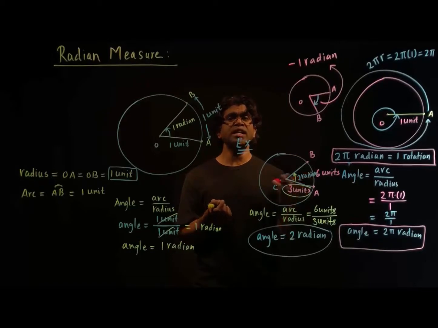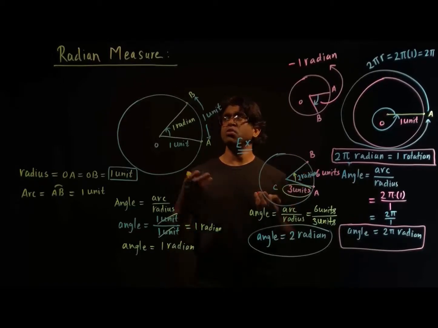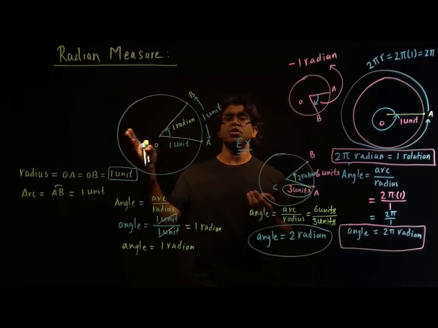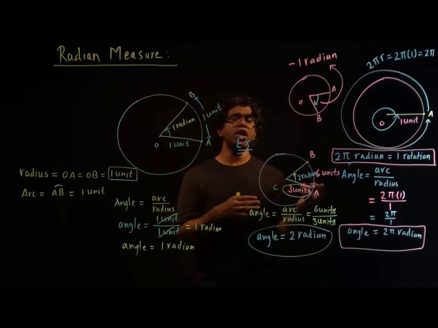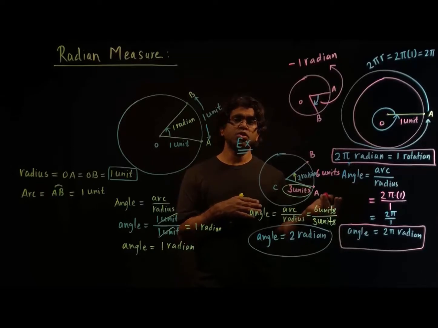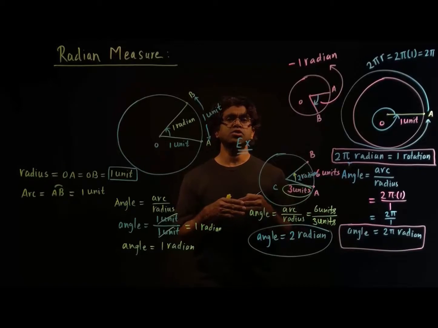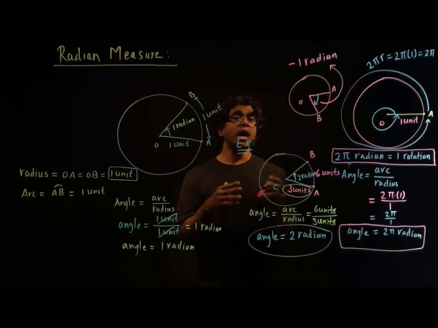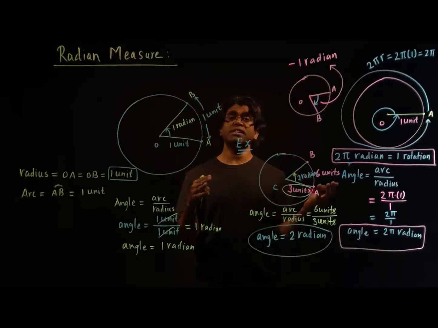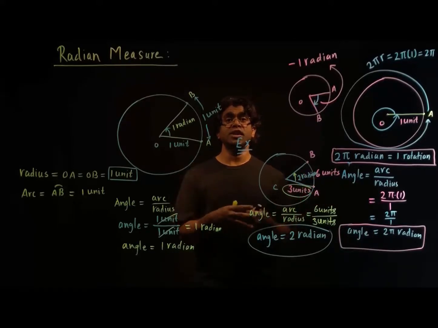So it doesn't change whether you are trying to draw a radian or a degree: you always go clockwise to draw a negative angle and counterclockwise to draw a positive angle. And this is how we can explain radian measure for a given angle measure.